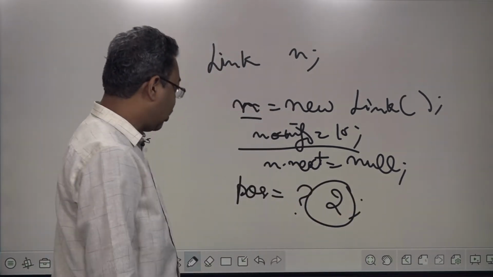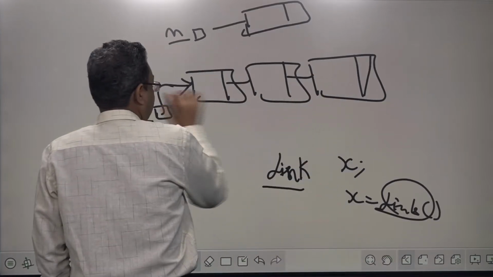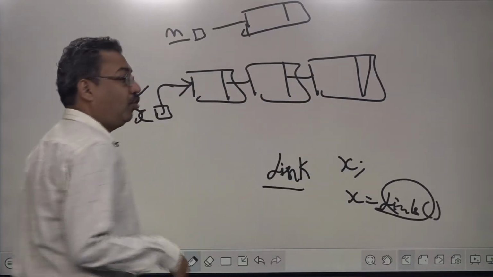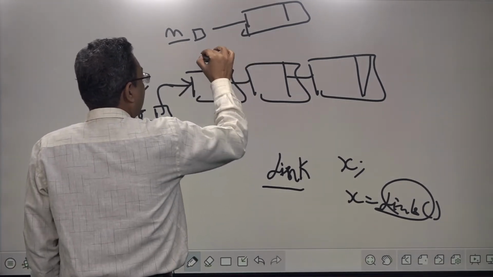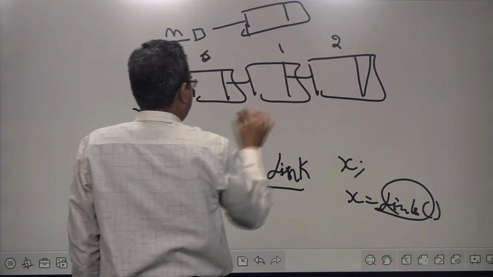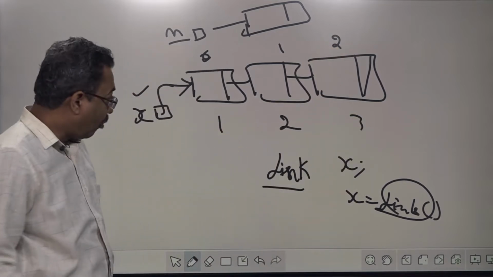So what is my job? First of all, I must reach the position 2 in this list. It's up to you: assume it 0, 1 or 2, or assume it 1, 2 or 3. Accordingly, you can make the modification in your program.